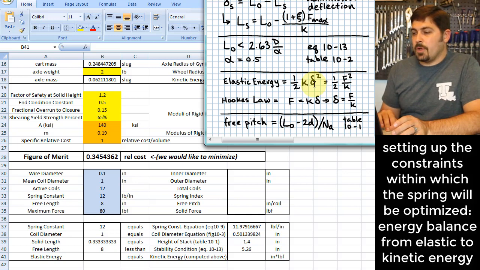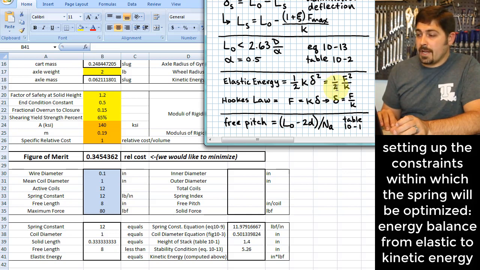Now here's the thing, we also know Hooke's law applies, right? So that tells you F equals K delta. Well, if you rearrange F equal K delta to be delta equal F over K, and then plug that delta back into the delta we had for elastic energy, it allows you to solve and get 1/2 of your F squared over K. All right, this is another expression for the amount of elastic energy stored in a spring.